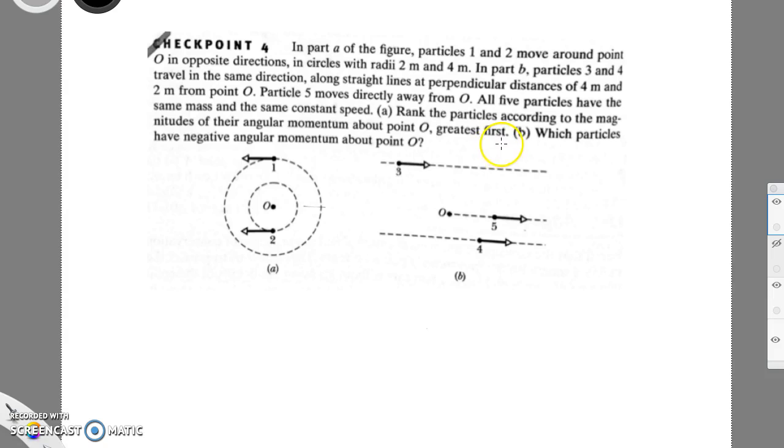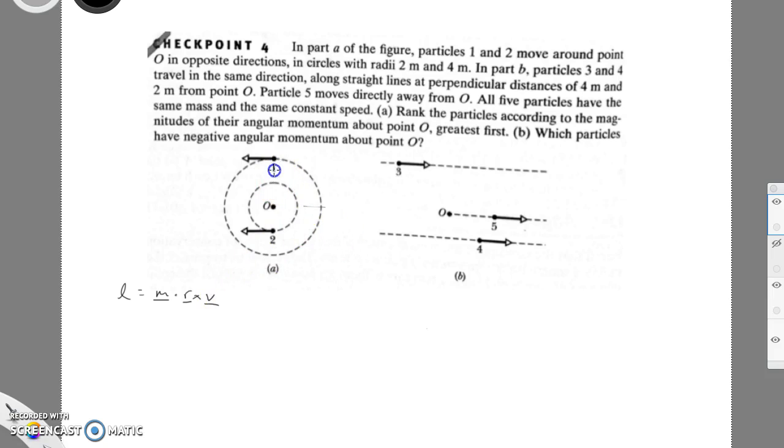The angular momentum is equal to m times r cross v. So if they all have the same velocity and the same mass, then their angular momentums will depend on the radius. Objects with the greatest radius will have the greatest angular momentum.